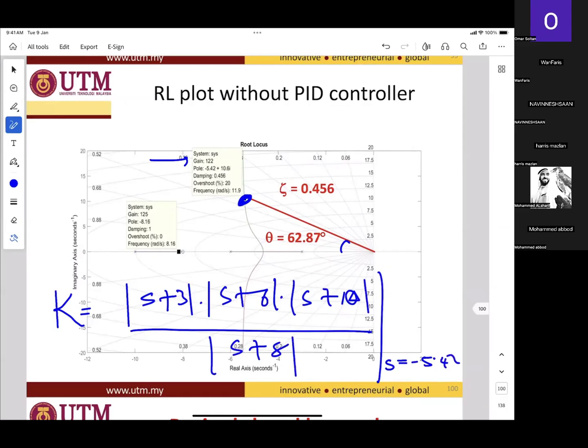By using the dominance rule. Okay, good. 10.6. Okay. So you insert inside here, so you will get 1, 2, 2. Okay.